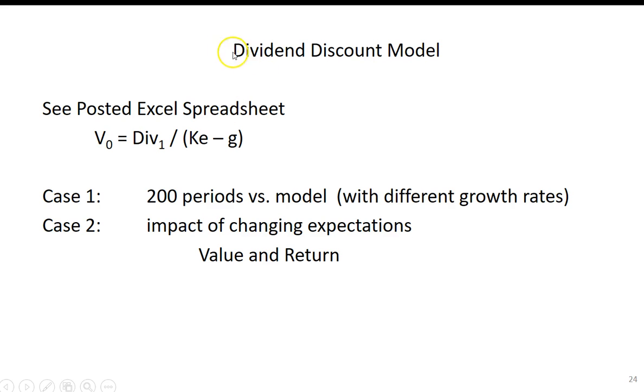As the third slide here shows, the dividend discount model says that the value of a share of stock or an asset depends upon the distribution or dividend that occurs in the subsequent year divided by the investor's cost of equity less the expected growth rate of the cash flows.